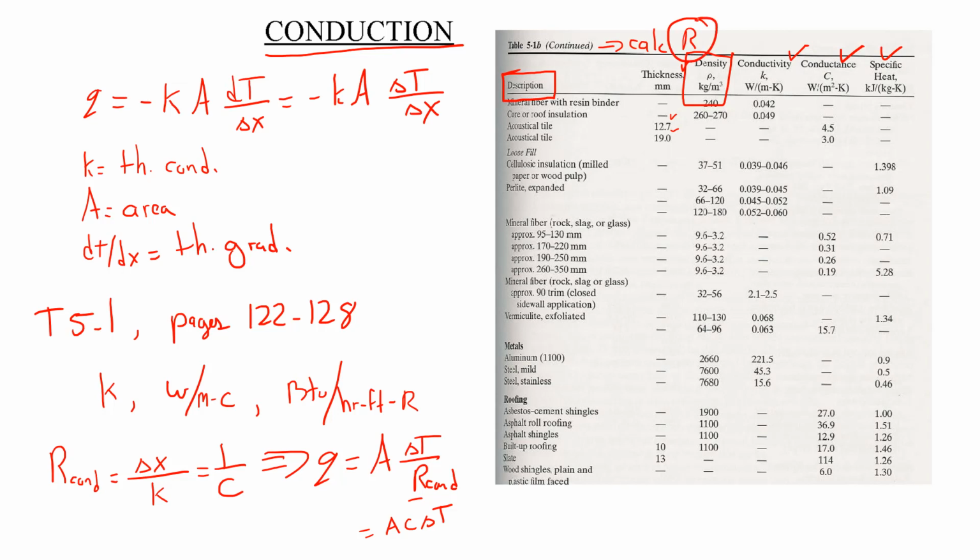So that's for conduction. If we move on to convection, convection is quantified according to Newton's law of cooling, which is the heat transfer coefficient times area multiplied by the change in temperature, the delta T between the surface and ambient.